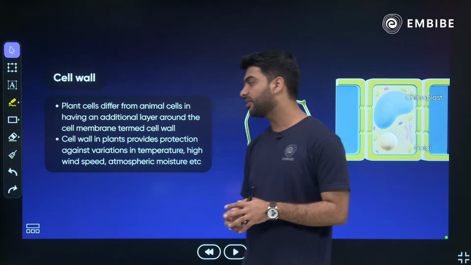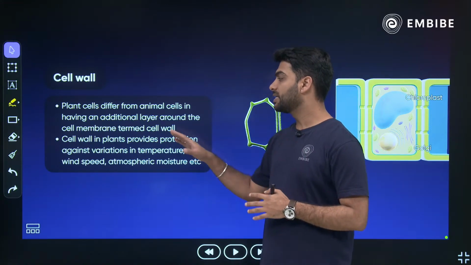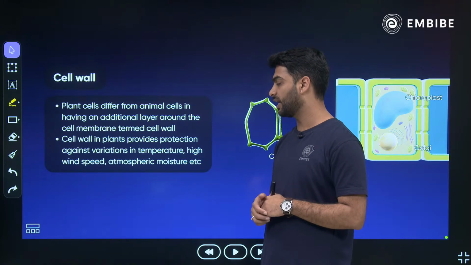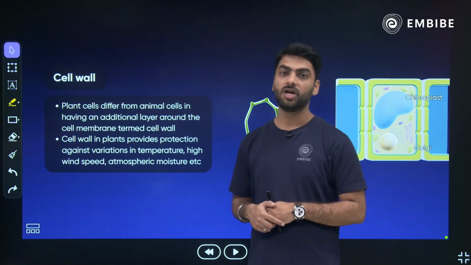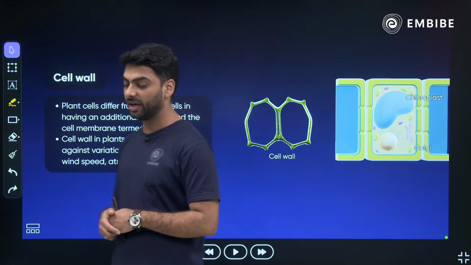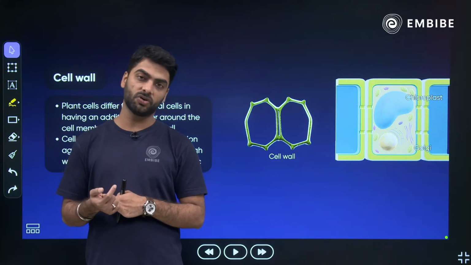Cell wall is completely free, it is freely permeable, it does not have any restrictions. Cell wall in plants provides protection against change in temperature, high wind speed, atmospheric moisture, etc. So the cell wall can be made up of cellulose, lignin or peptidoglycan.